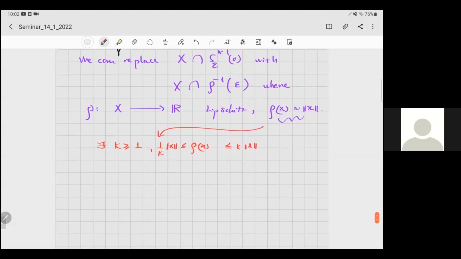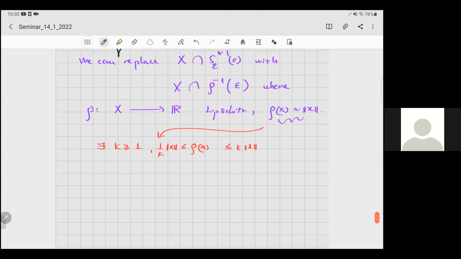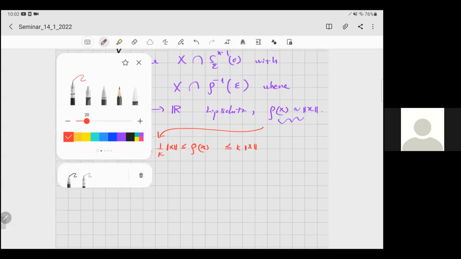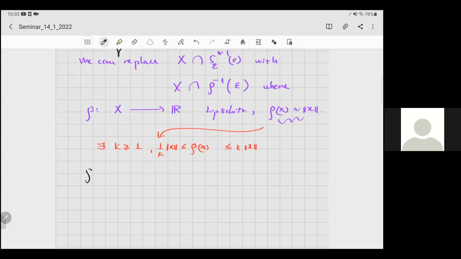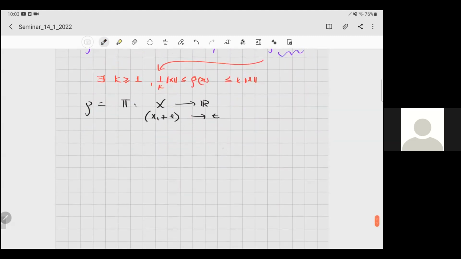So now I go back to the example. I take rho equal to the projection from R3, or from X, to R, Y, and I go to T. So let me draw the picture again.